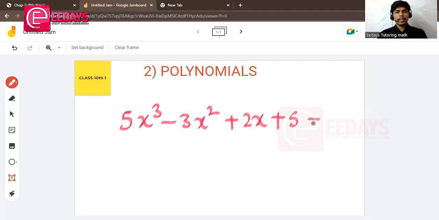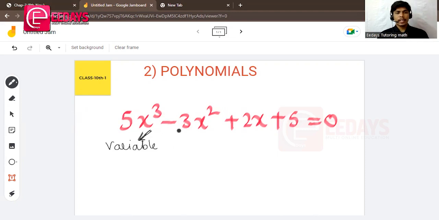First, you need to identify the terms in the polynomial. The variable is only one, x. X is the only variable throughout the equation.